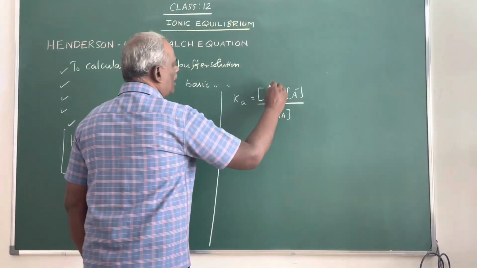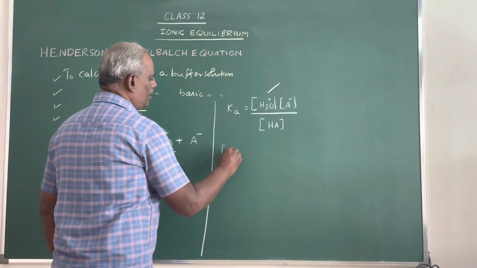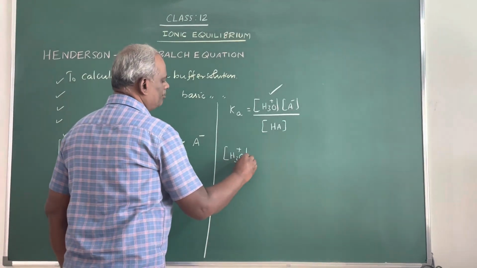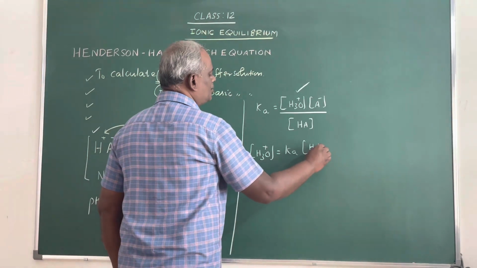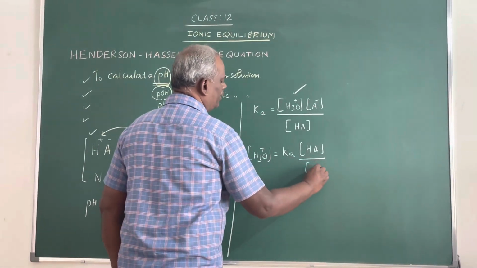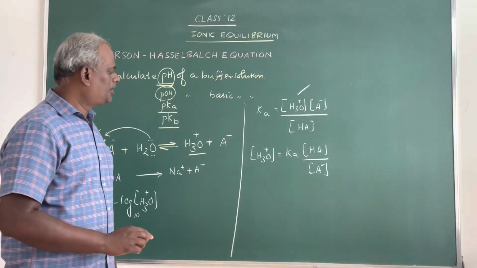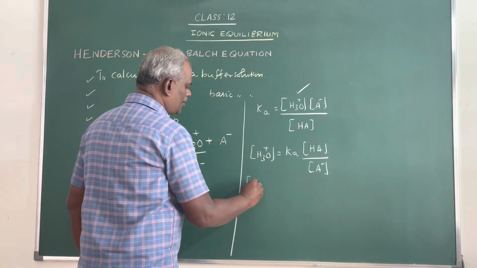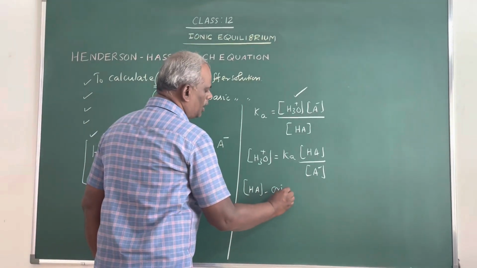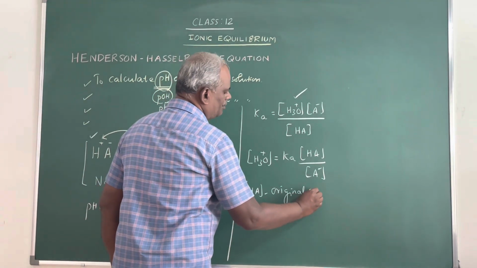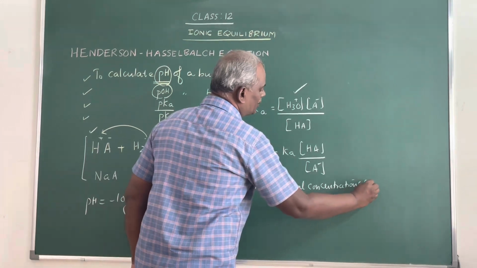Now we have the hydronium ion concentration, and we can rewrite this as follows: H3O plus is equal to Ka times HA divided by A minus. So this is the expression. In this particular case, what is this HA? This can be taken as the original concentration of acid.